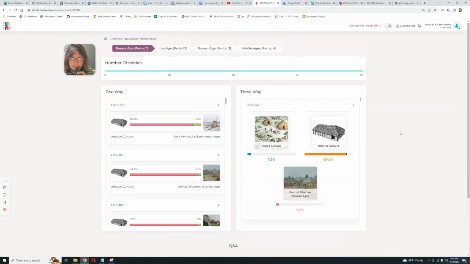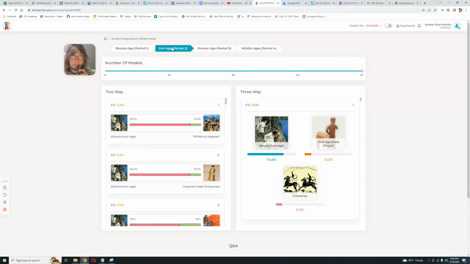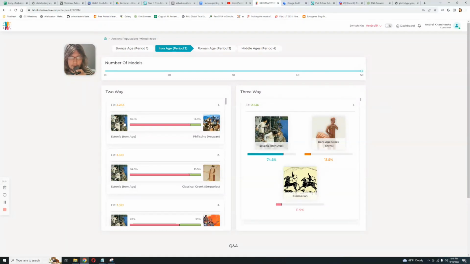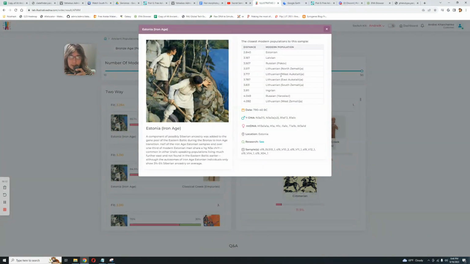Right. So let's move on to the Iron Age. This is what I get with the Iron Age. And you can click on any of these and see what they're most similar to. For example, Estonian Iron Age is most similar to modern Estonians, followed by Latvians, followed by Russians from Pskov. A very typical Northeast European today.